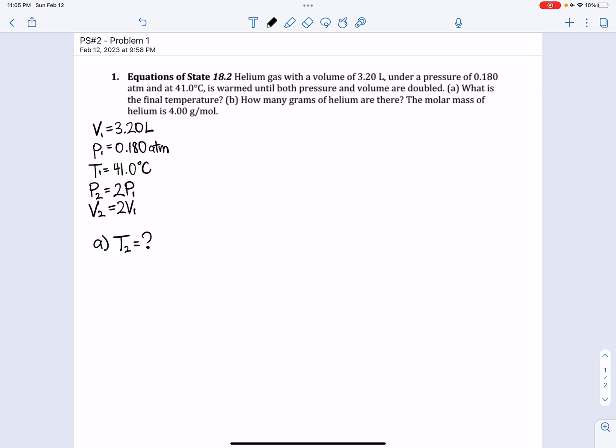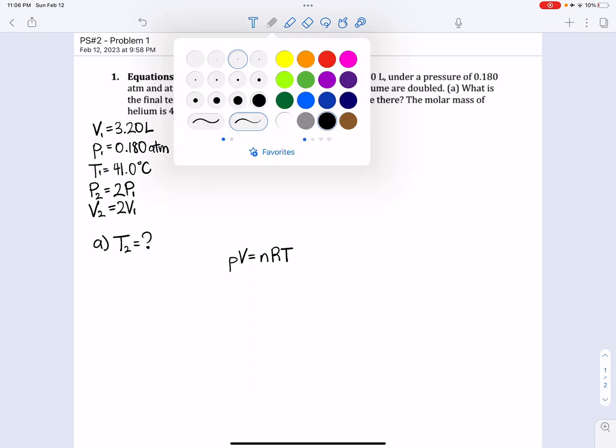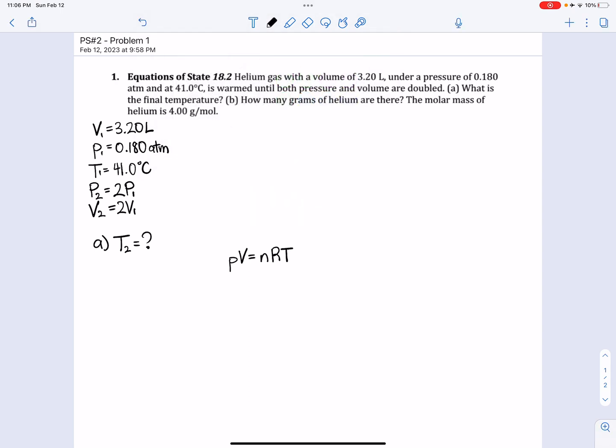Okay. So in this problem, I will use the ideal gas law equation, which is PV equals nRT, right? Here we have pressure, this is volume, this is the amount of gas, and the unit is moles.